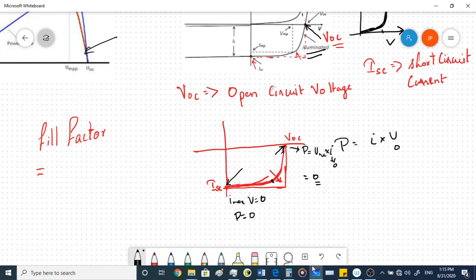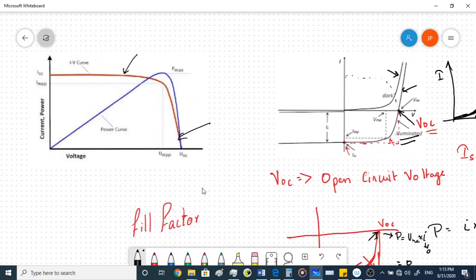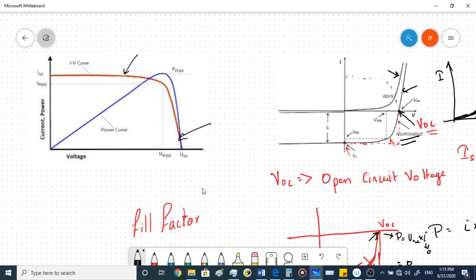So if you look at this graph, the graph which we have kept over here, you can see where the maximum power is happening. Maximum power is the product of I into V. Therefore you need to maximize this product, right?